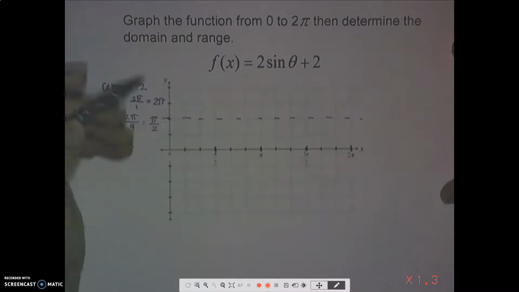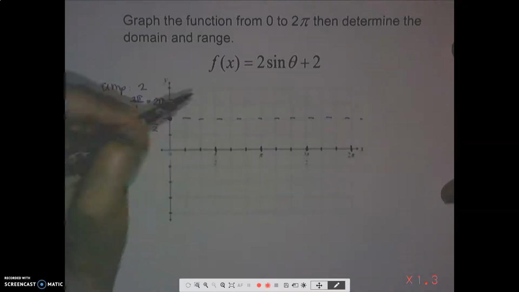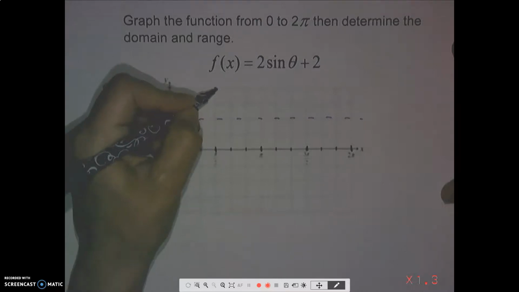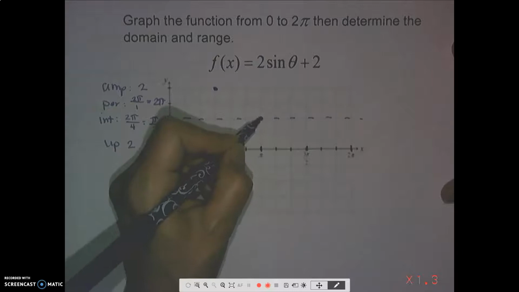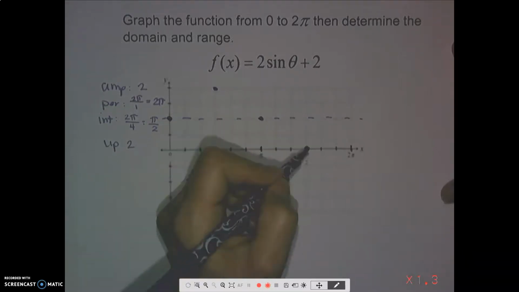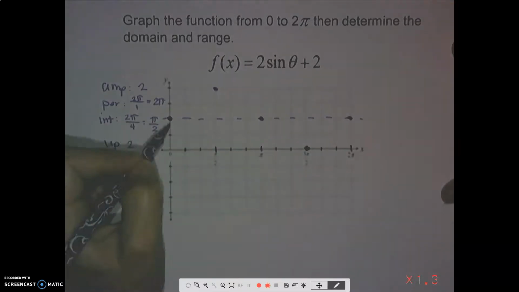We start at 0. And then at our next interval, we're going to be up to our amplitude, and our amplitude is 2. So we're going 2 above the new midline. And then at the next interval, we're back at 0. The next interval, we're down to the negative amplitude, and the next interval, we're back up to 0, okay?